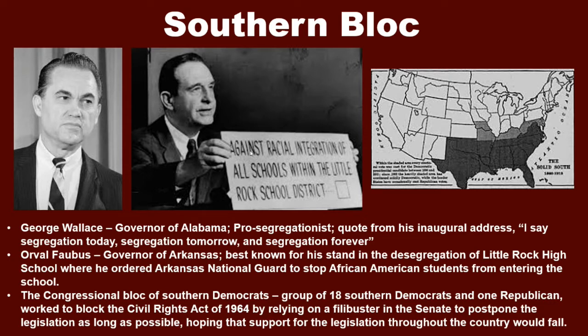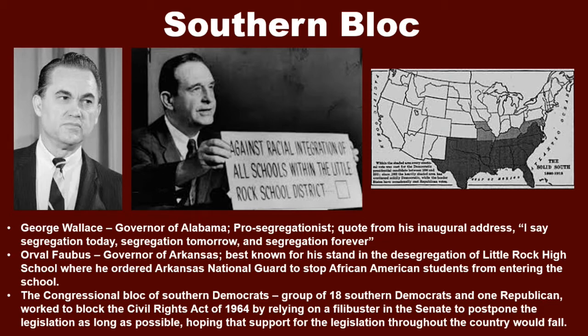Then you have Orville Faubus, who's pictured here in the middle, and he was the governor of Arkansas, and we're going to talk about him a little bit more in a second. Ultimately, he's going to send in troops to try to block African American students from entering his schools. Like I said, these two were part of the congressional bloc of Southern Democrats.